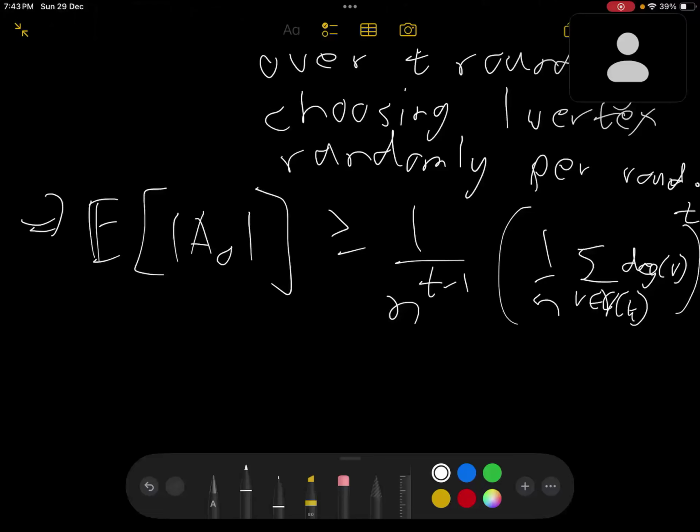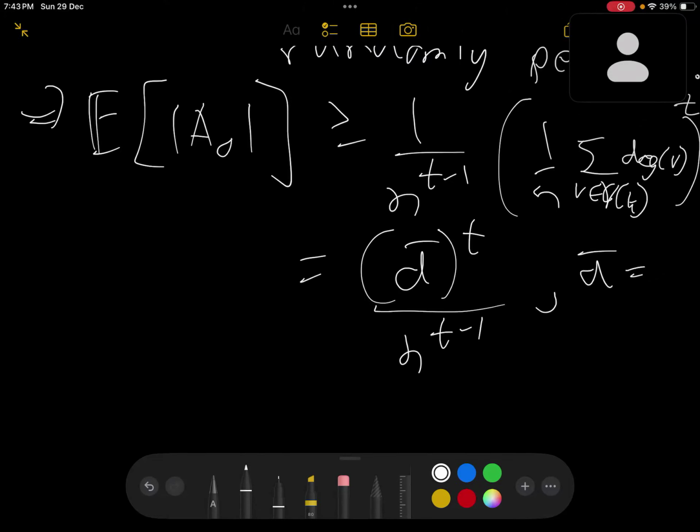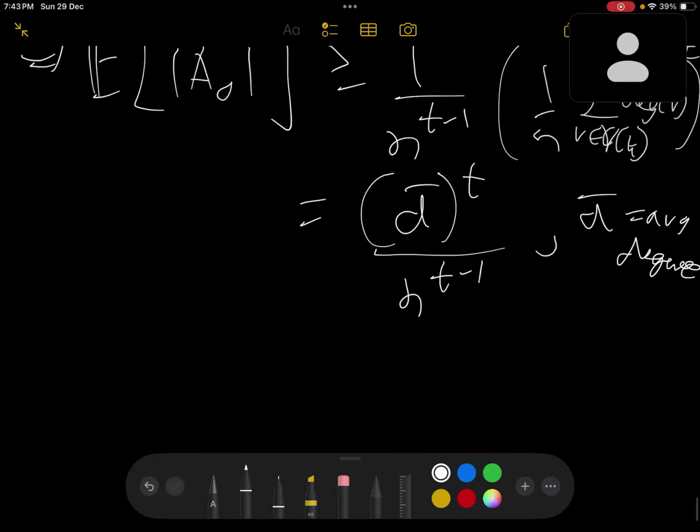This is from the power mean inequality, or Holder or whatever. And that is just equal to d bar to the t. d bar is the average degree. It's the sum of degrees over n, which is twice the number of edges over n. But for calculation purposes, I'm writing this as d bar.